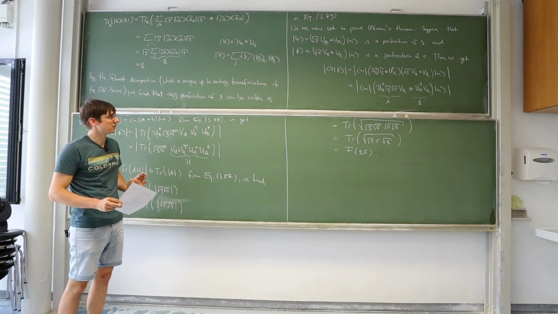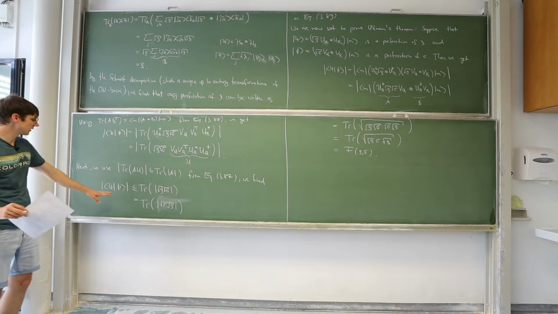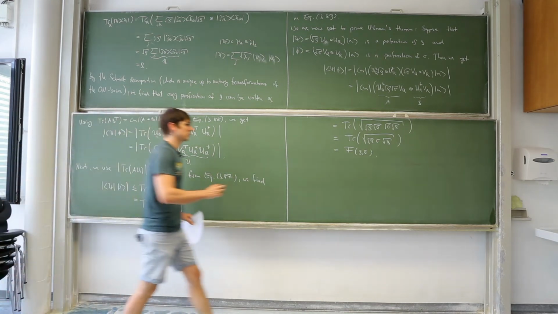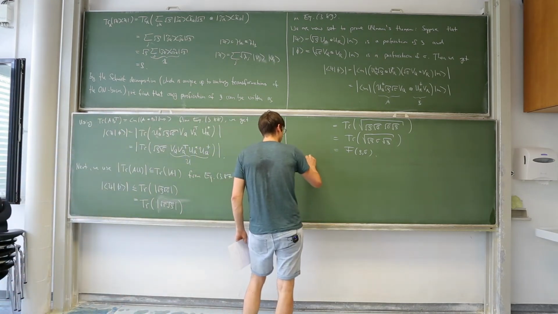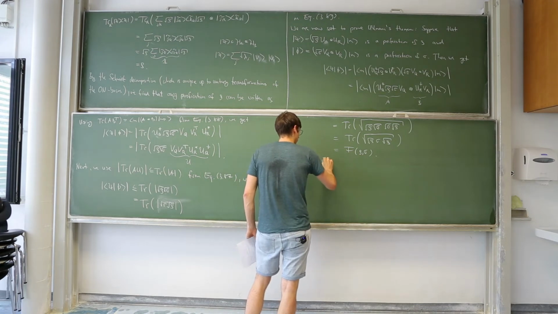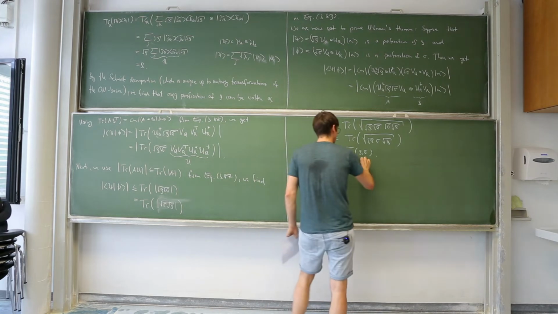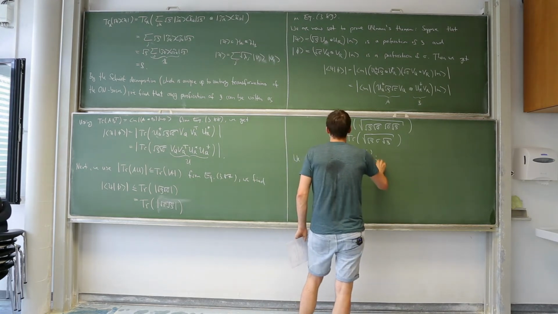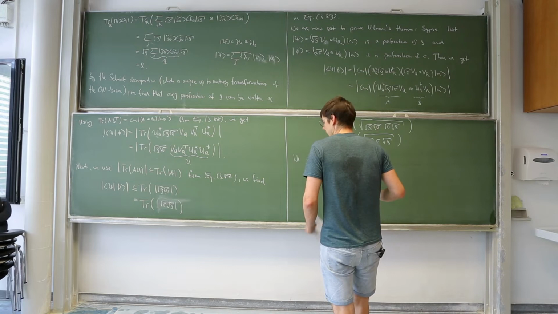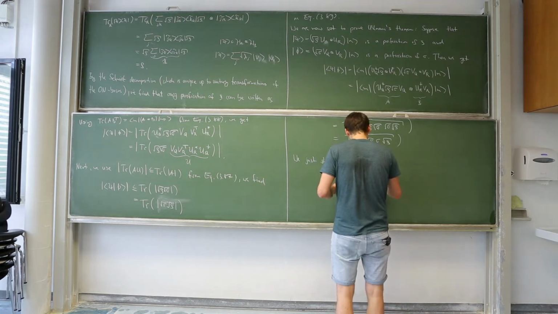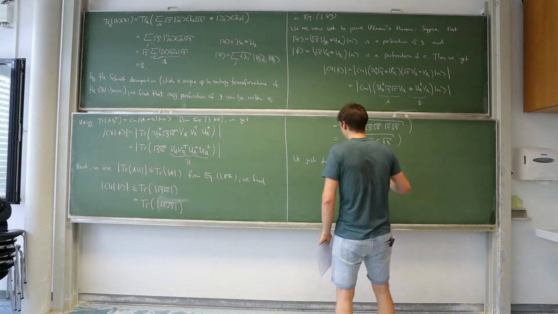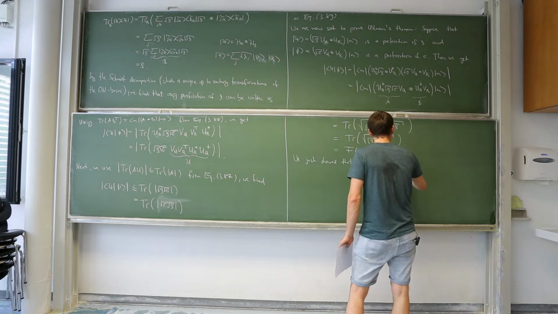But we are not finished yet, because what we just showed is that the fidelity of rho and sigma is greater or equal to the inner product of psi and phi.